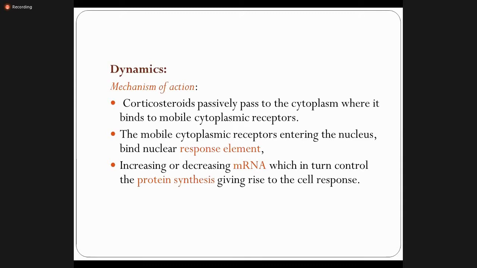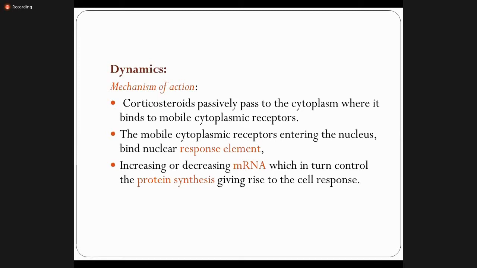The second option could be the drugs binding with a transmembrane receptor, in the case of insulin, and there are some receptors which are located in the cytoplasm, and some located in the nucleus. So this is a very important conceptual point.